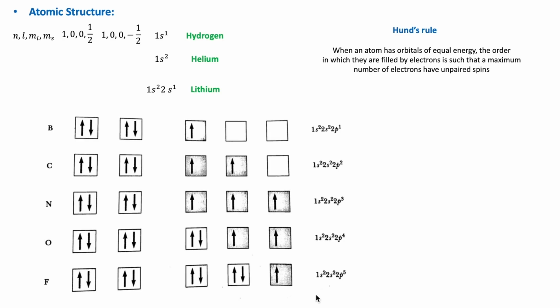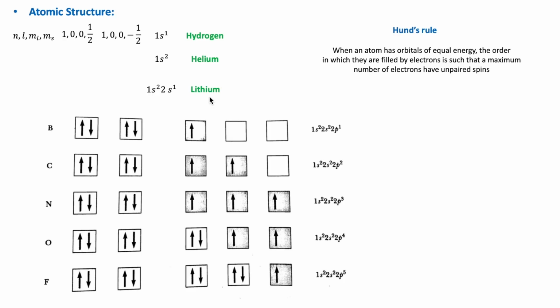Now let's consider neutral helium, which has 2 electrons, and in its ground state, the quantum numbers of these 2 electrons are given by these two sets. The K shell here is filled, and we write the electronic configuration as 1s2.